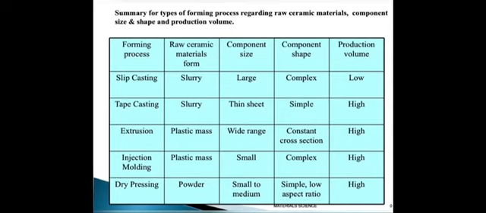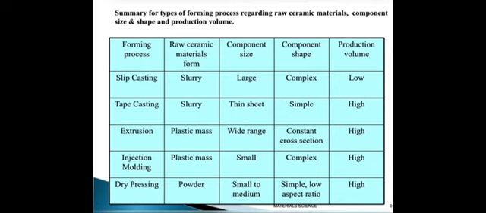Forming process for extrusion: raw ceramic material form is plastic mass and component size is wide range. Component shape is constant cross section. Production volume is high. Okay. Forming process for injection molding.